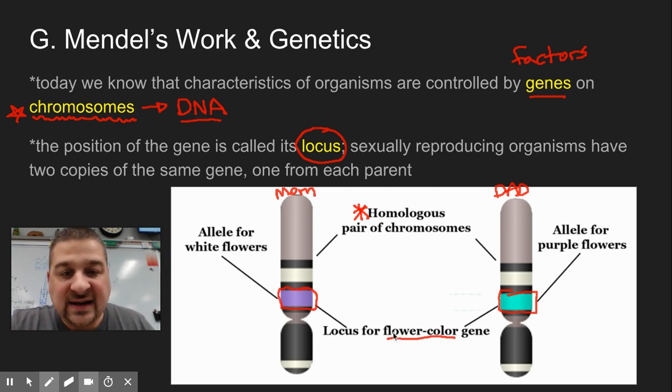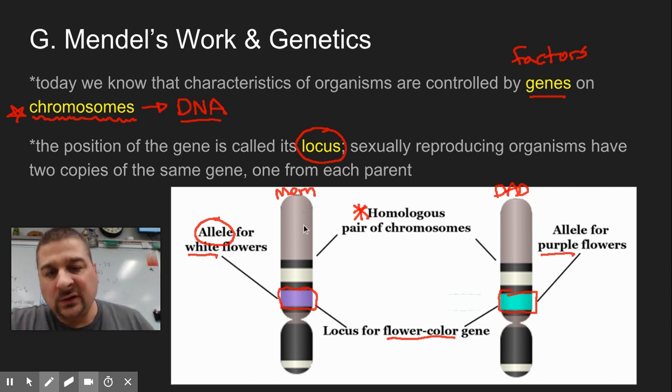Now, that gene can have different alleles. And this is where we talked about dominant and recessive and so forth. So mom is passing on an allele for white flowers, where dad in this case is passing on a gene for purple flowers. Then you take those two genes, and remember, purple was dominant over white. So this would be a purple.